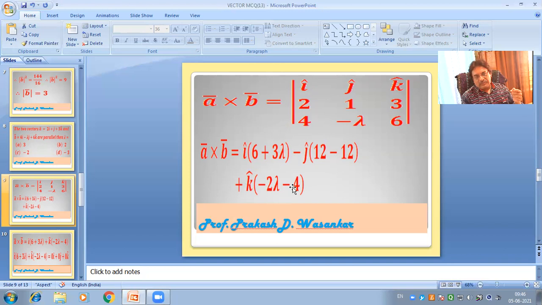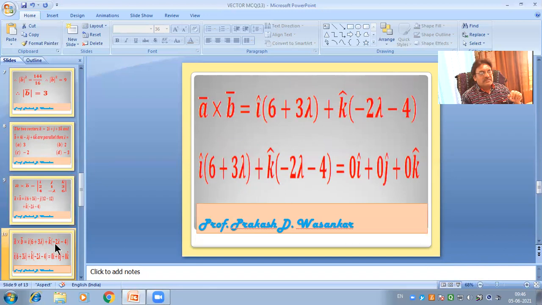Here 12 minus 12 cancels, that is 0, and 0 into j is 0. Therefore, A bar cross B bar is equal to i (6 plus 3 lambda) plus k (minus 2 lambda minus 4).